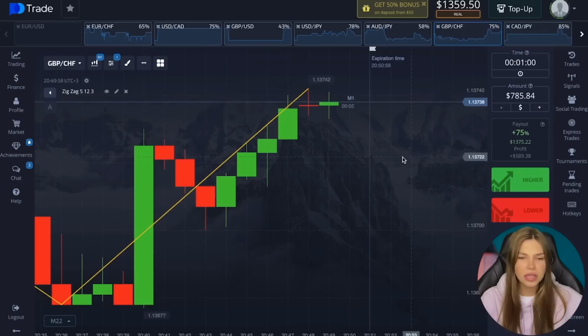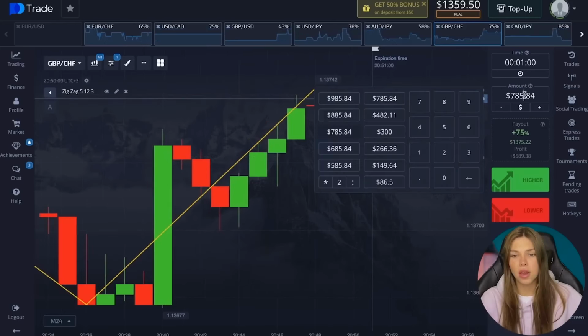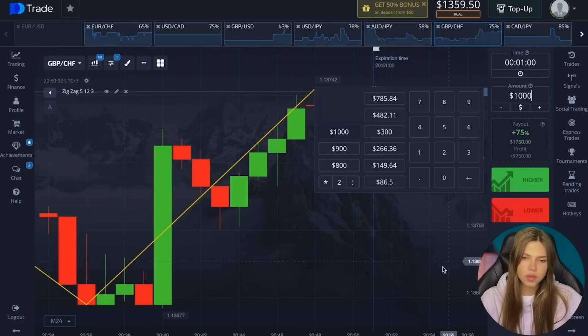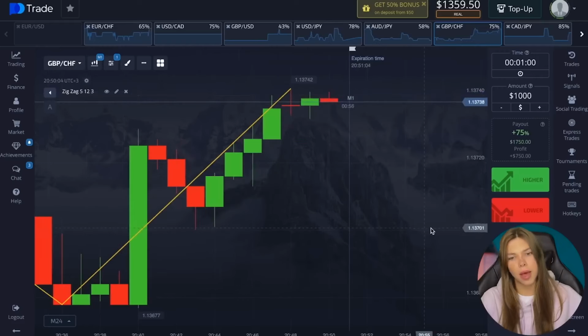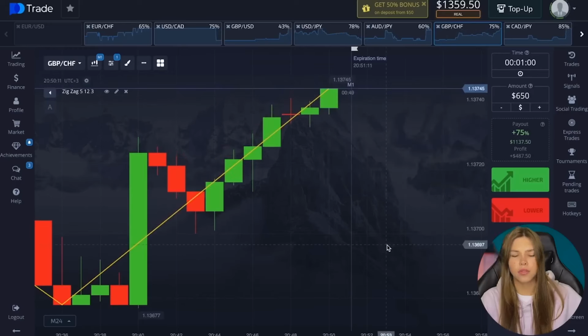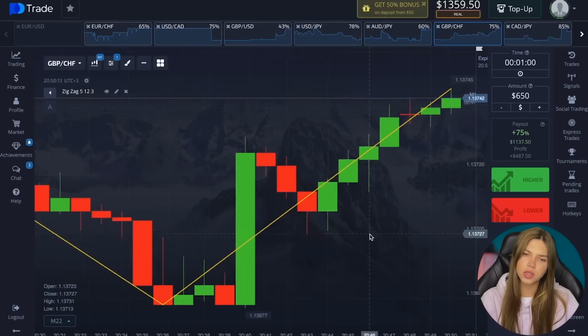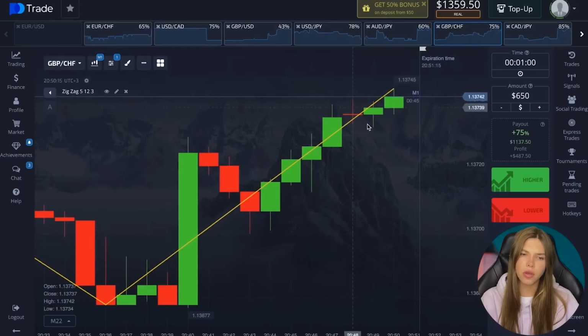Today's Friday evening, everything is closing very badly. We already have 1,359 on the balance, so let's bet 650 each and put it further up. I put it right on the pin bar.